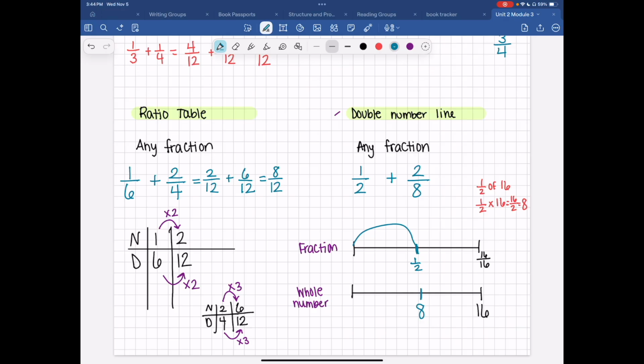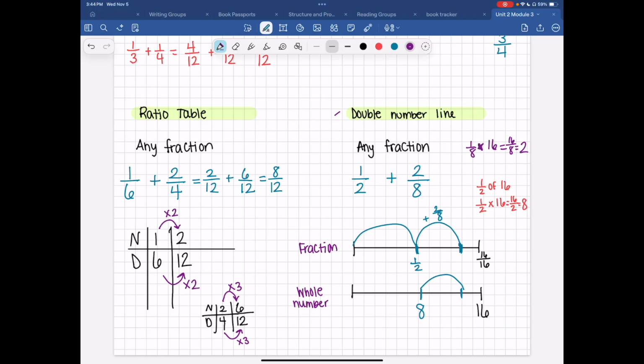And then I need to do plus that 2/8 to see where I end up here. So I have to think about, okay, what's 2/8 of 16? In order to do that, I'm going to do 1/8 of 16, or 1/8 times 16, which gets me 16/8, or 16 divided by 8, which is 2.